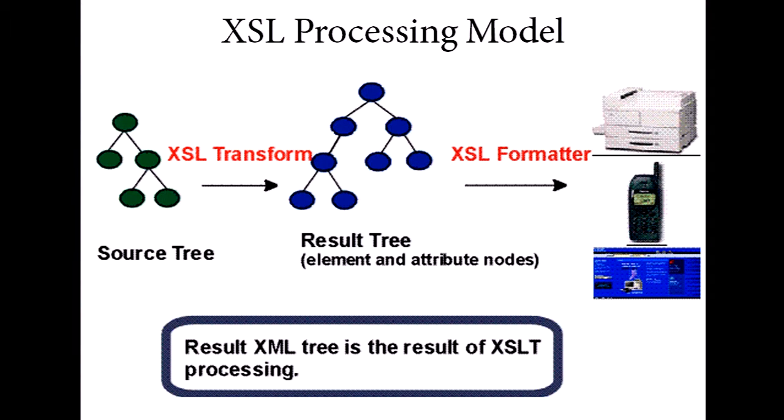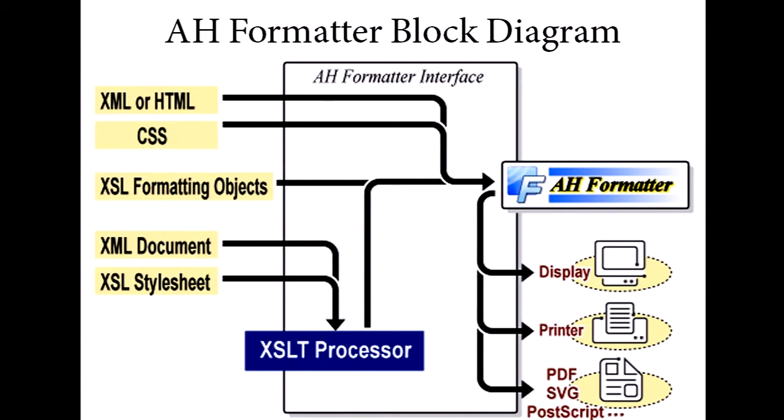That has been broken out, and you'll quite often use a separate XSLT processor, so these days you'll transform XML into FO using a separate processor rather than one built into the FO formatter.